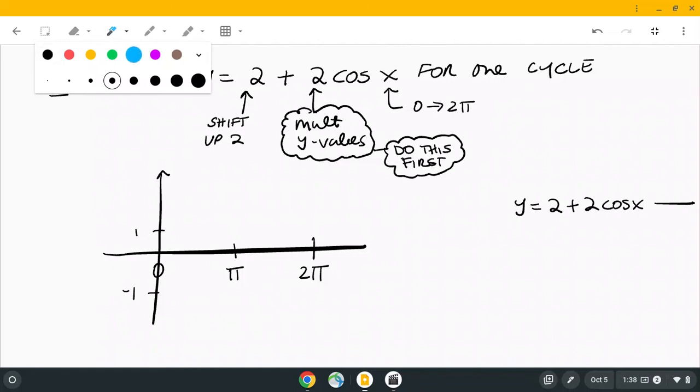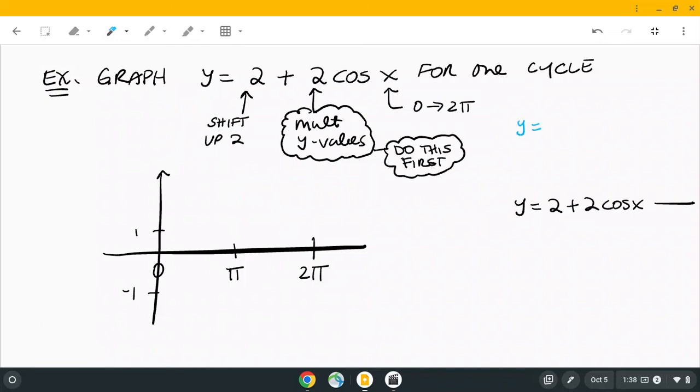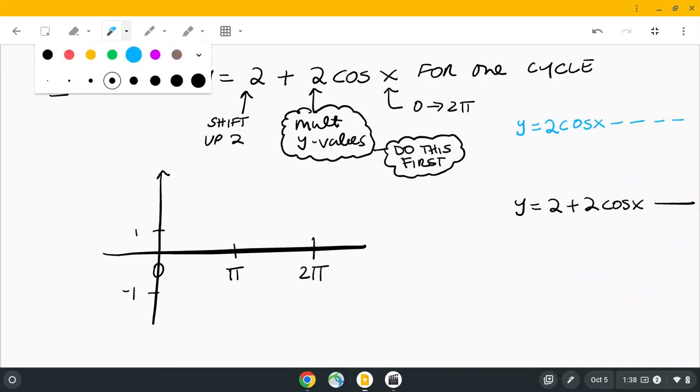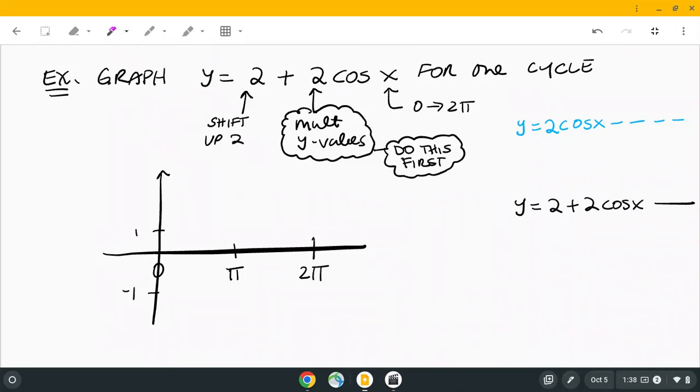Okay, so we'll do y equals 2 cosine x, since we're going to have to do that one first. Okay. And then after that, we're going to have to shift, right? Okay, so let's do the original one in purple.